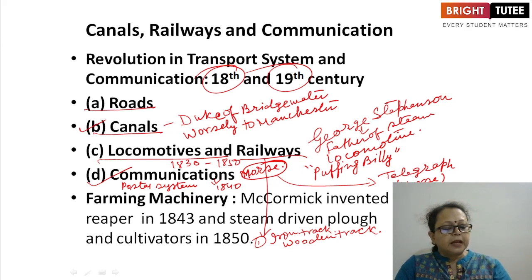Bell introduced the telephone, and in 1896, Marconi invented wireless. So this is the gradual development in communication.